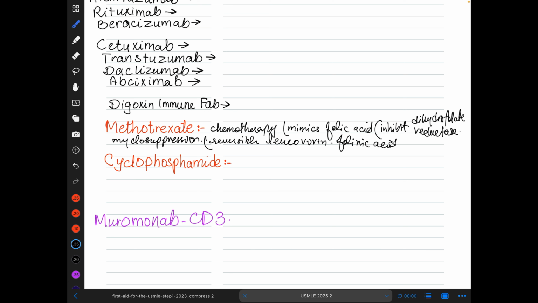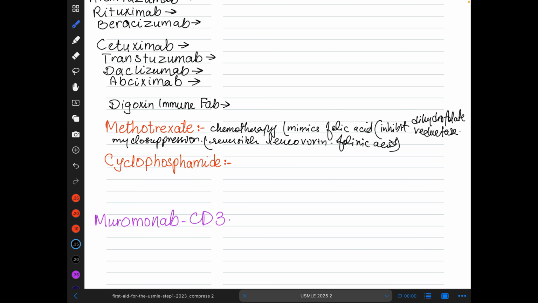Folinic acid is converted to THF and does not require dihydrofolate reductase. It can also cause stomatitis, mucositis, and mouth sores, and occurs with many chemo agents. DNA damage causes cytokine release, and cytokines damage the epithelium, due to which there is loss of mucosal integrity, pain, and bacterial growth, and there can be abnormal LFTs and GI upset.